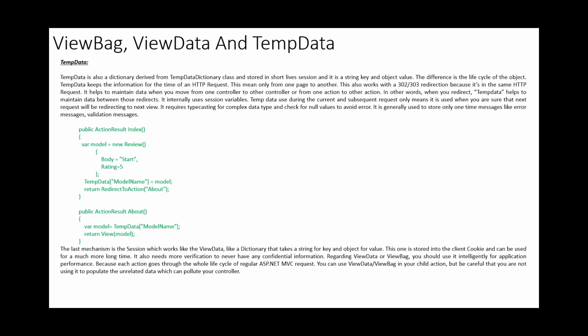This also works with 302 and 303 redirects because it is in the HTTP request. So when you are moving from one page to another, from one controller action method to another controller action method, that is when you can access this TempData information.